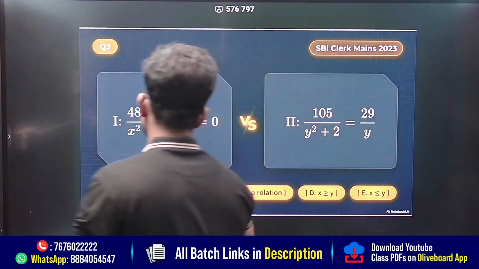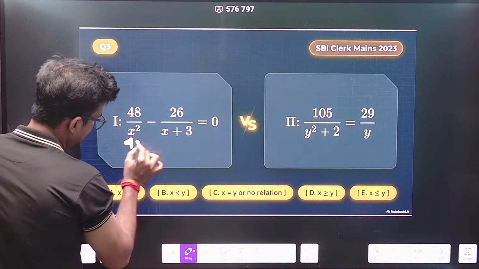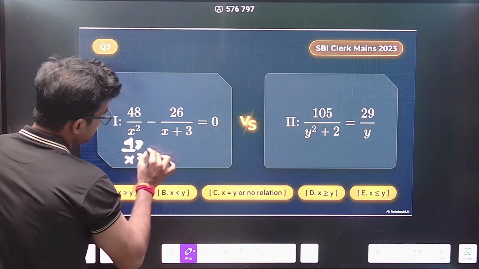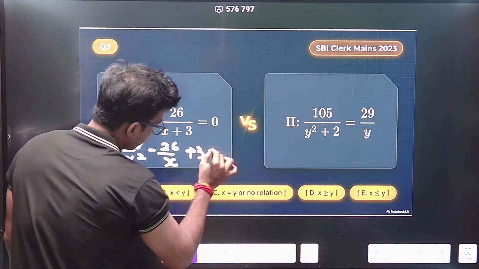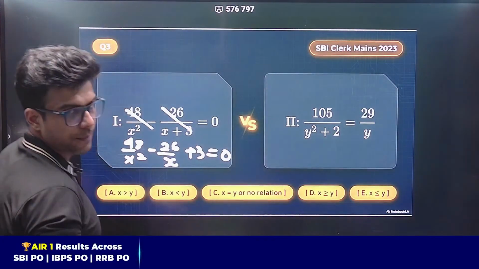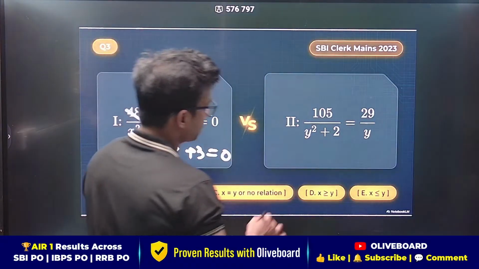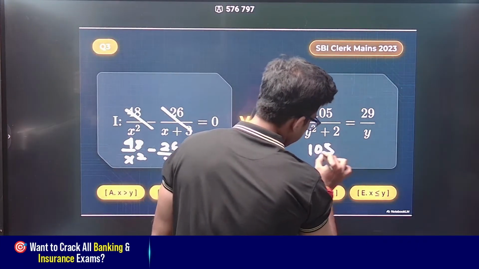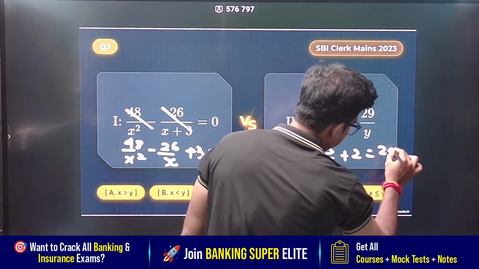Now see, this is basically 48 by x square minus 26 by x plus 3 is equal to 0. So this is the equation. This is 105 plus y square plus 2 is equal to 29 by y.